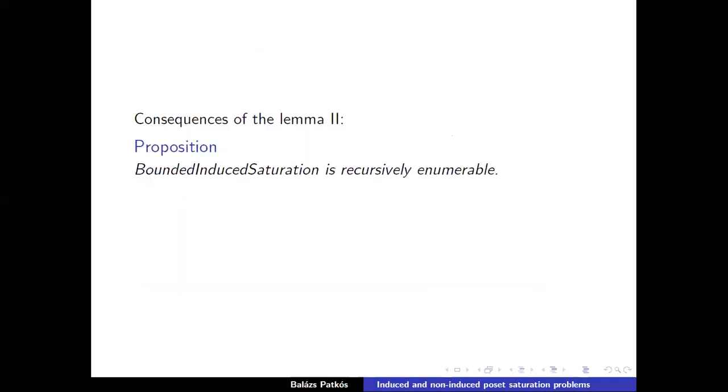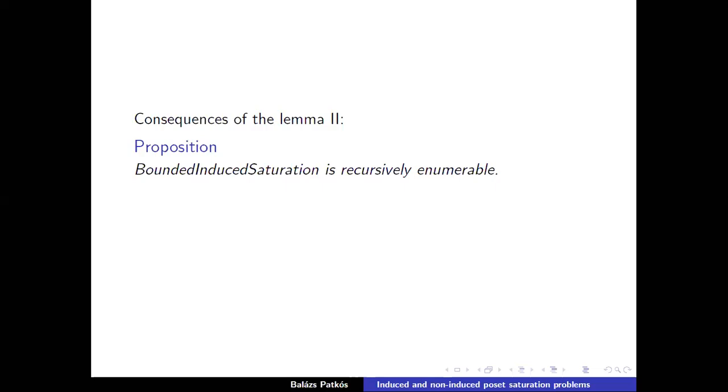The second consequence is about deciding whether the induced saturation number of a poset is bounded by a constant that doesn't depend on the ground set size. This problem is recursively enumerable, because all we do is, for every n, check all families, whether they are saturating, and if they are, we also check whether they do not separate a particular pair.